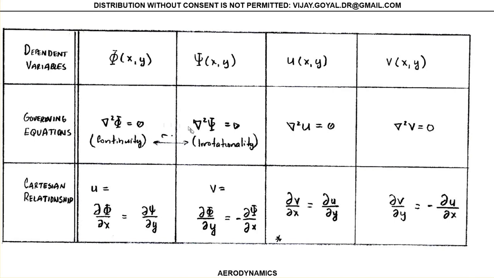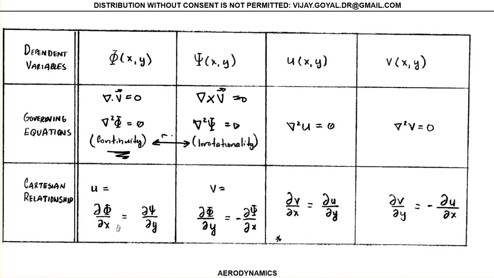Although they look the same, you have to know that this comes from the continuity equation. It comes from this equation, and this comes from this equation. Both are derived by two different means, although they look alike.